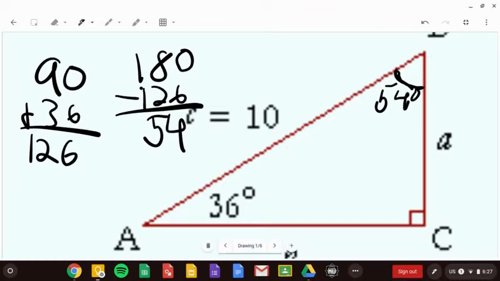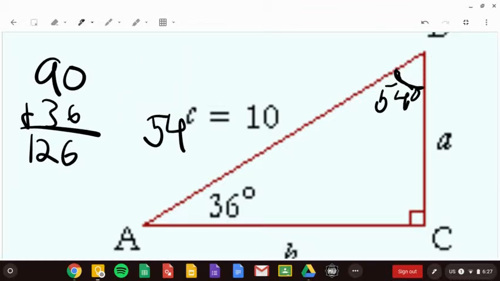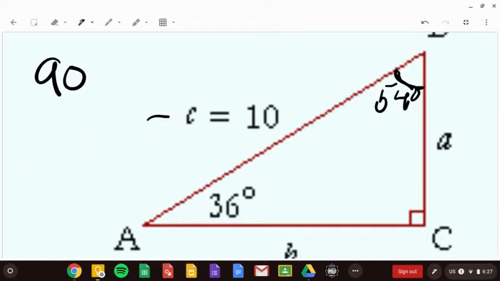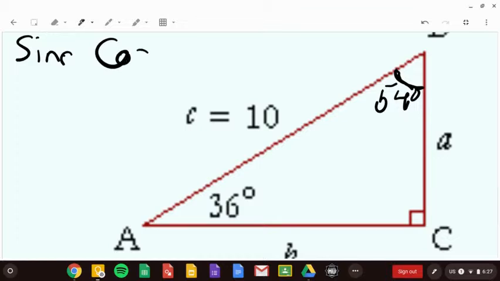Simple enough. So now, to solve for side A and side B, you're going to use one of three things: sine, cosine, or tangent.